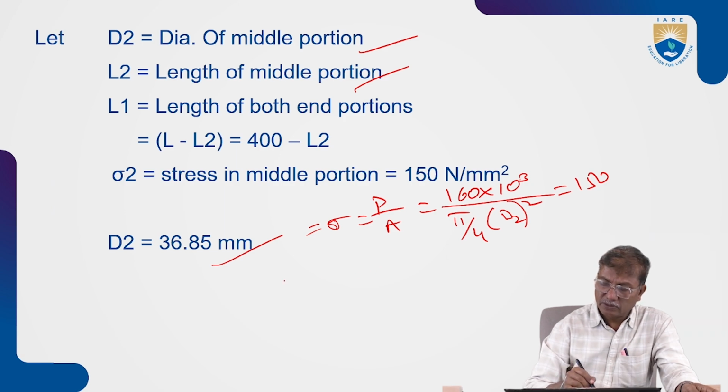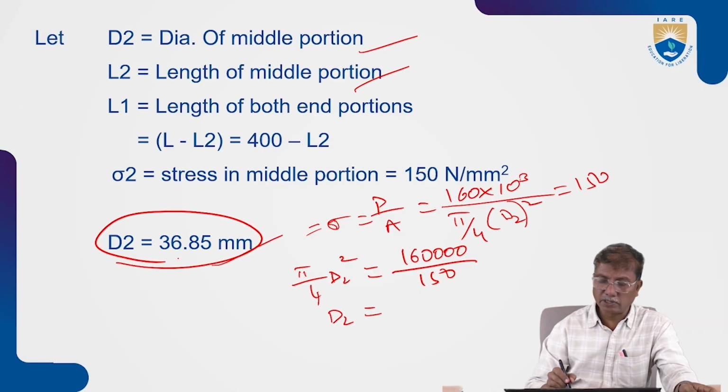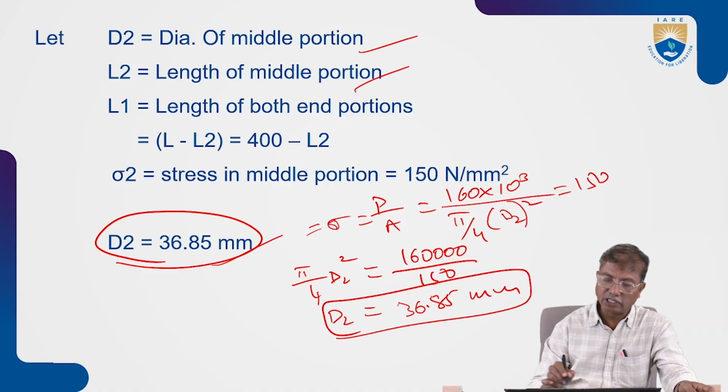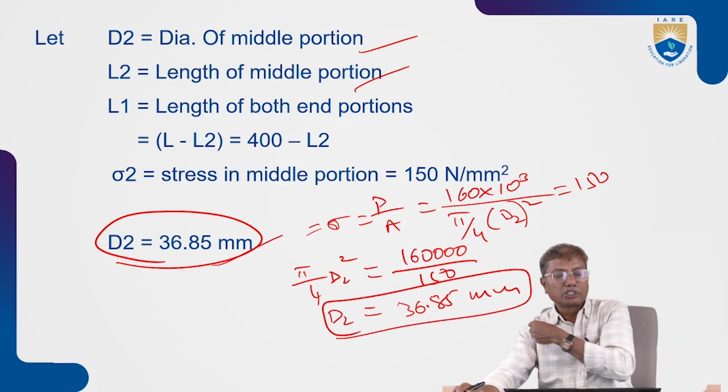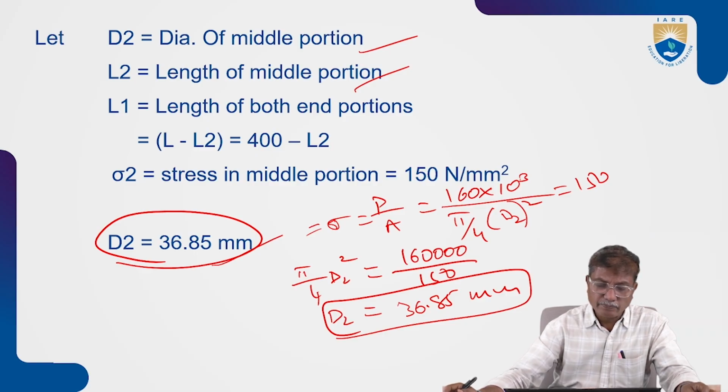So from this you will get pi by 4 d2 square equal to 160 into 1000 by 150. Our d2 from this is obtained as 36.85 millimeters. The diameter is 36.85 millimeters.